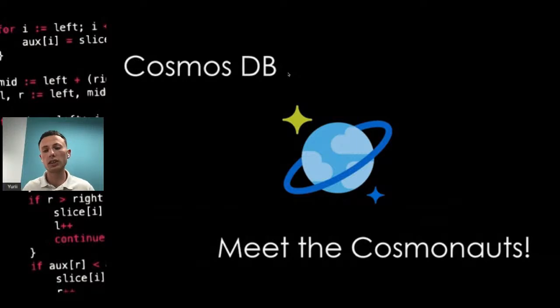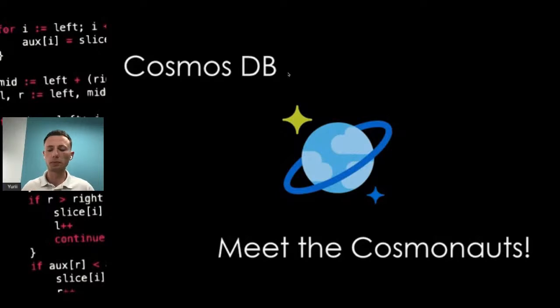I found this picture and thought, what is in common between the cosmonaut and the people who use Cosmos? Really, there is one thing that is common. The cosmonaut and people who use Cosmos must take a lot of training and understand a lot of things to start doing this job.